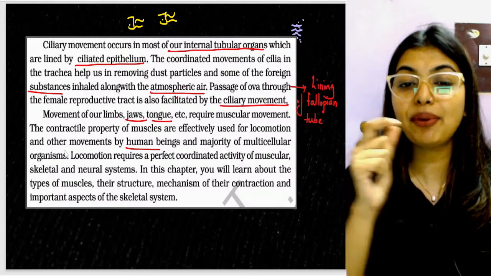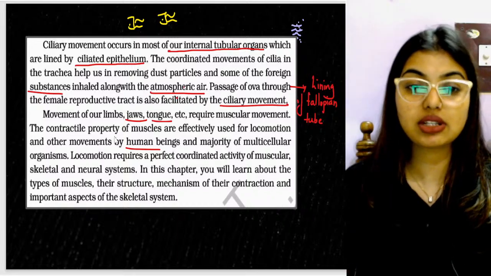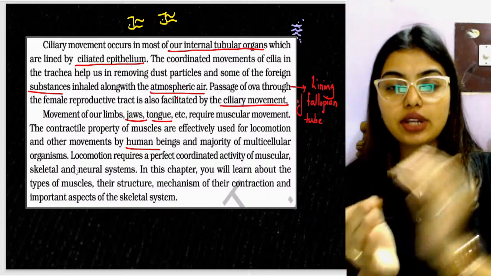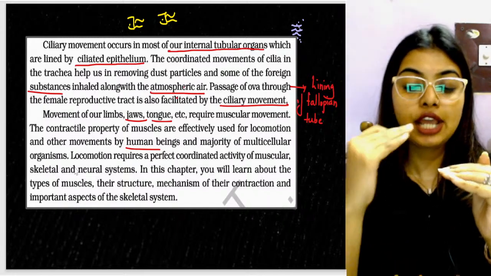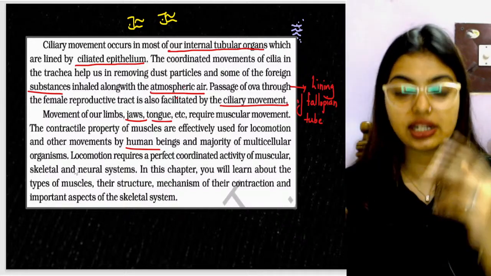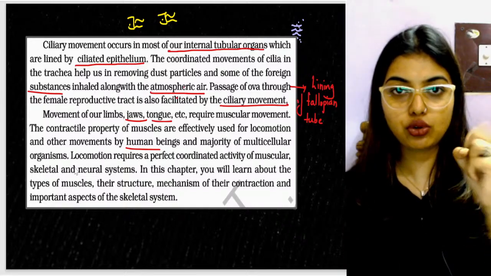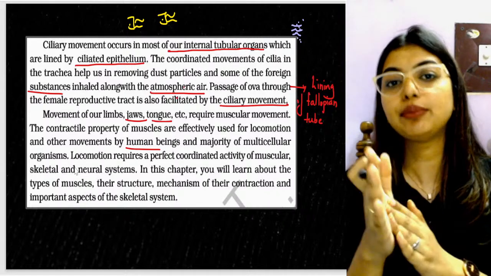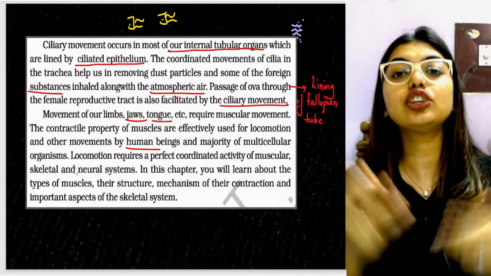Locomotion requires a perfectly coordinated activity of the muscular, skeletal and neural systems. Now imagine, students, you are planning to run because a dog is coming to bite you. The first thing is your muscles have to contract and relax for you to run. At the same time, your bones also have to help you. Then the third thing is your neural system.